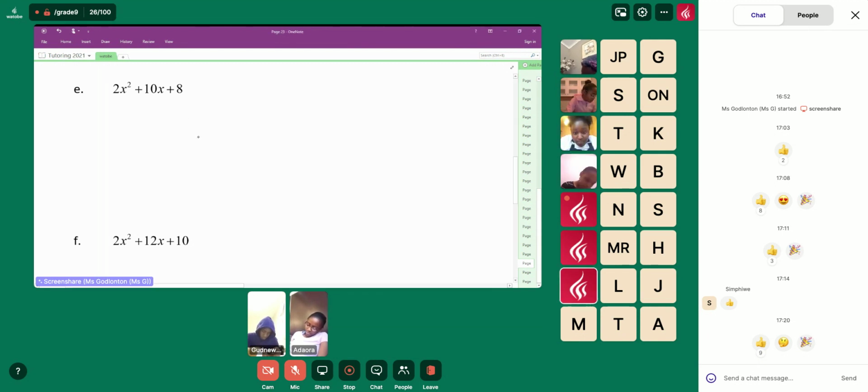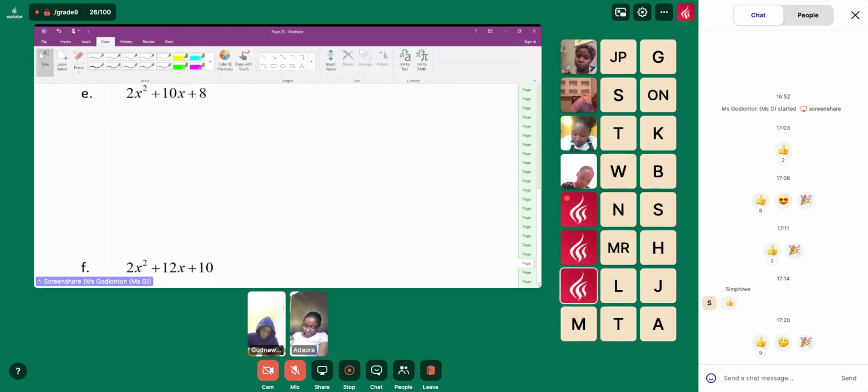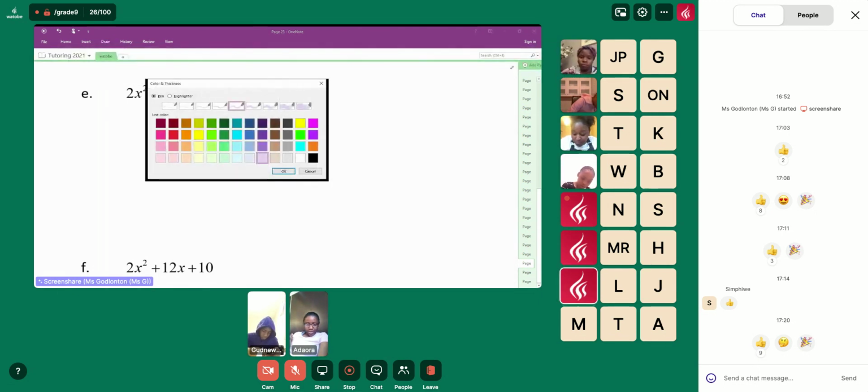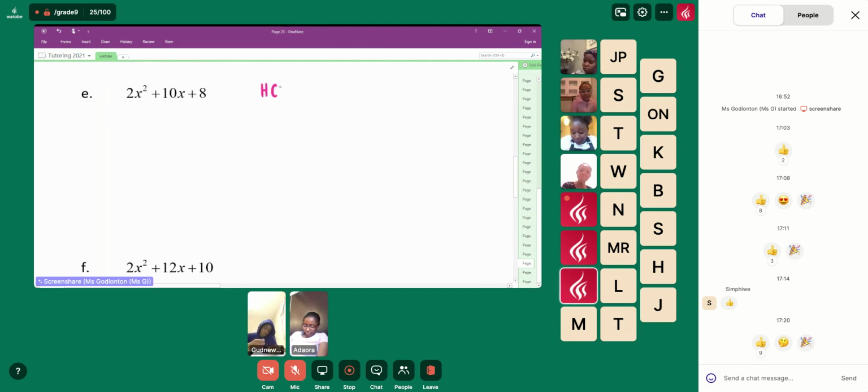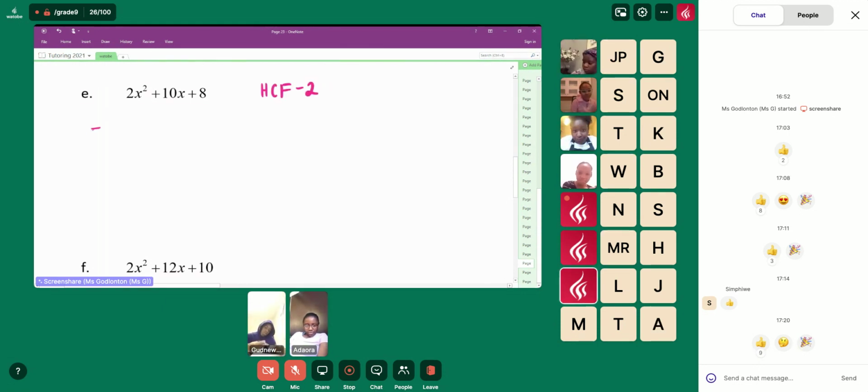So let's have a look at E. What did you find to be your highest common factor? What number could go into all three of those terms? Good. Okay. So our highest common factor is 2. So we're going to take 2 out of our brackets. Now we have to figure out what's going to go inside that bracket.